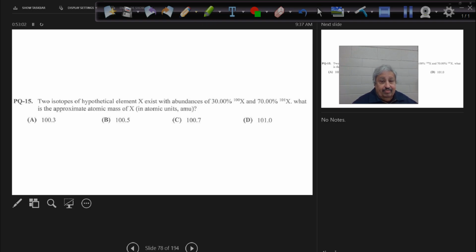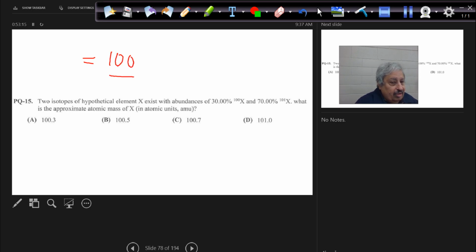So let me write the formula for this. The abundance of the first one multiplied by its atomic mass. Since this is 100, absolute value, that's the atomic mass of the first one here. That's the atomic mass. Here, 100 multiplied by abundance, 30, divided by 100%. That's the 100%. This is the first one.